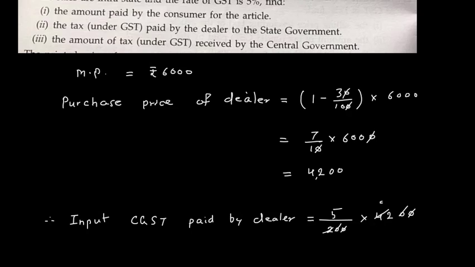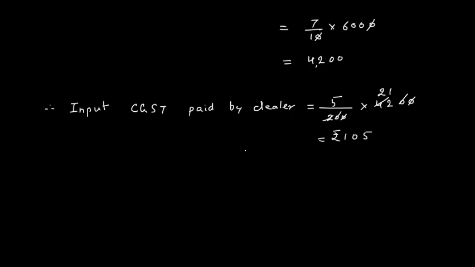So we cancel, and we get 5 ones are 5, 5 twos are 10, so that is 105. This is input CGST paid by the dealer. Similarly, input SGST paid by the dealer will be rupees 105.